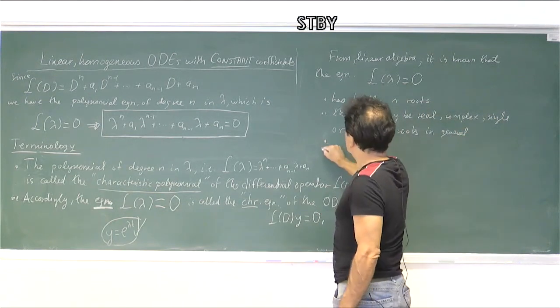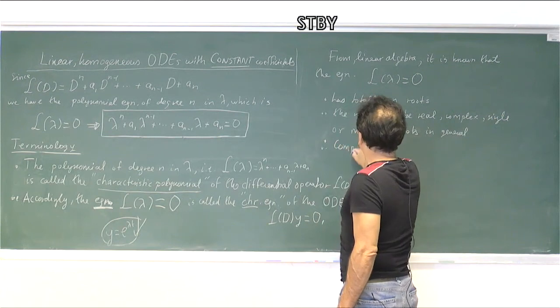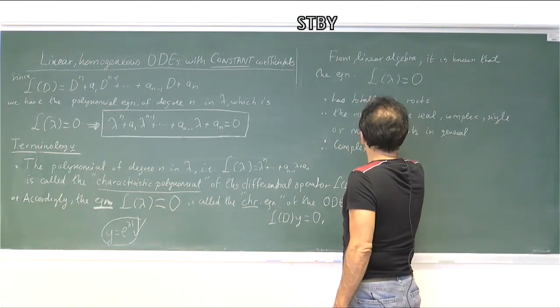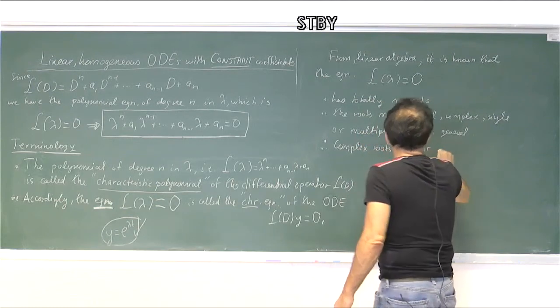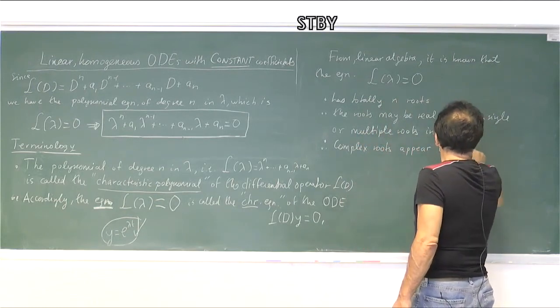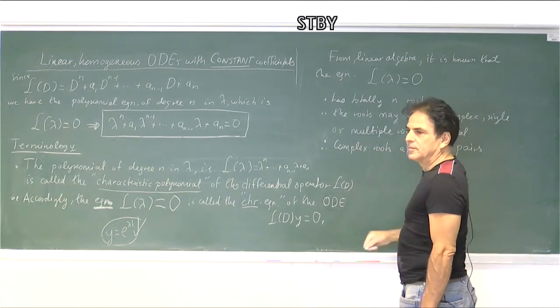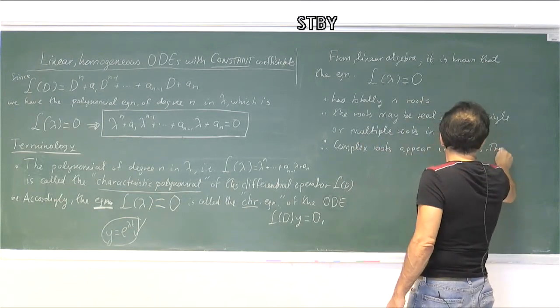What else? Complex roots appear in pairs. What does it mean?